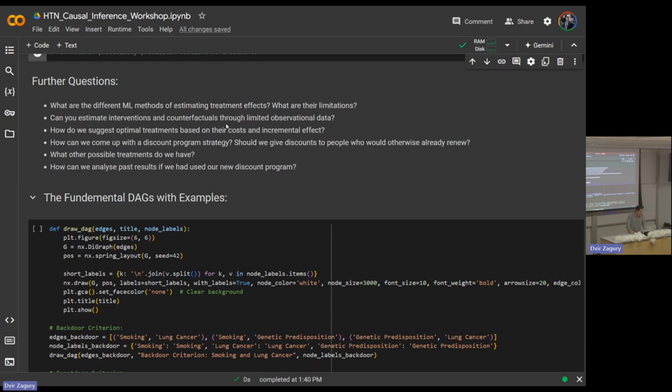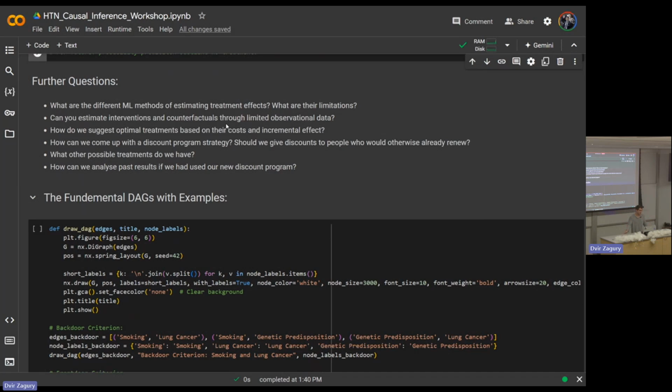Then how can we come up with a discount program strategy? In our example, we cared about discounts and how that affects the renewal rates. So you can use that to come up with a strategy, and an example would be, should we give discounts to people who would otherwise already renew?